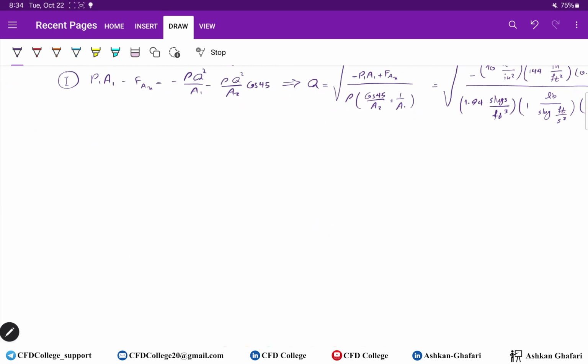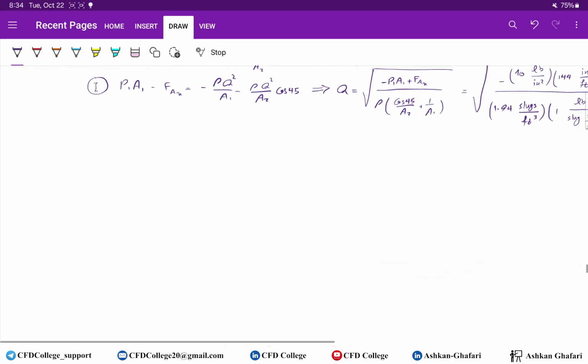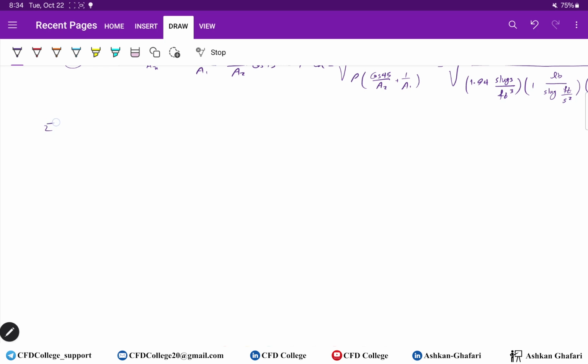Now we can find FAY. We should solve the momentum equation in y direction. The summation of forces in y direction equals the change of momentum in control volume, rho v dv. This is the volume, but it's 0 since we are at steady state flow, plus change of momentum rho vy v dot n dA.